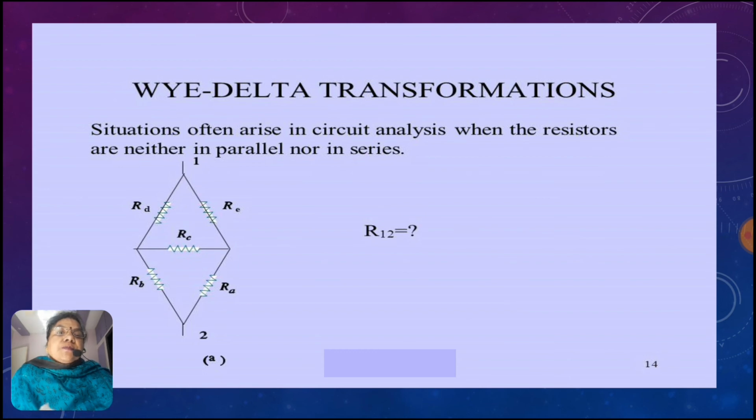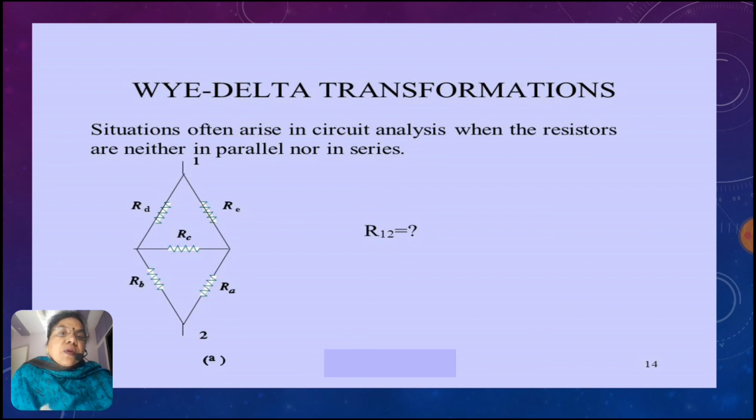Then Y delta transformations. Now delta means it is just like the symbol delta, that is a triangle type symbol. Situations often arise in circuit analysis when the resistors are neither in parallel nor in series.